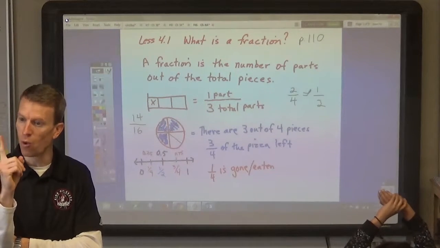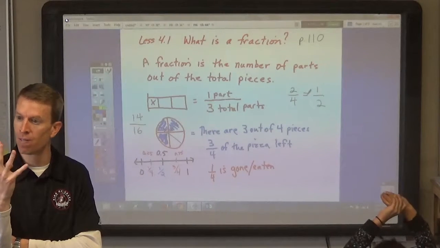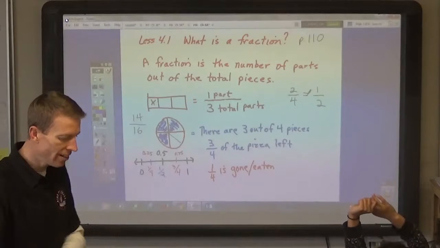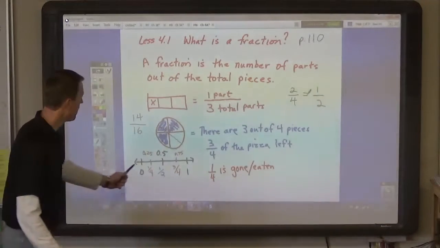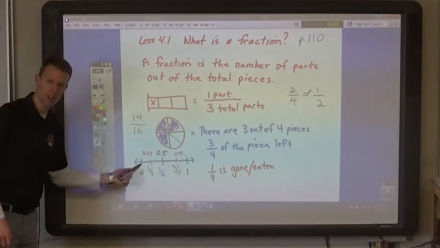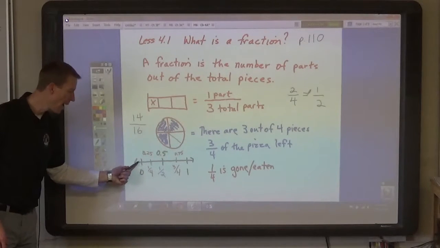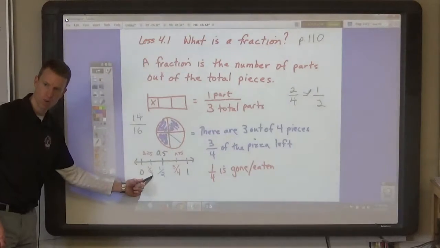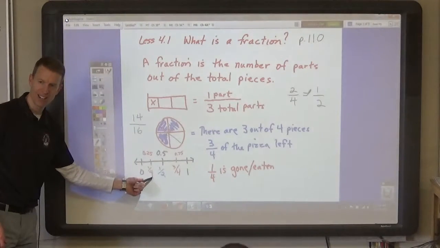Yeah, the first. So 1 out of 4. So what fraction is that? 1/4. Very good. It's on this spot right here. Look at this diagram, and make sure you put this in your notes. Halfway between the 0 and half is 1/4. Okay?